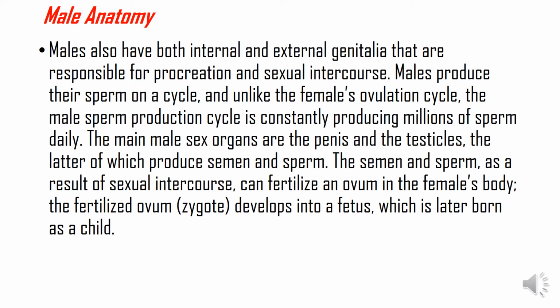The main male sex organs are the penis and the testicles, the latter of which produce semen and sperm. The semen and sperm, as a result of sexual intercourse, can fertilize an ovum in the female's body. The fertilized ovum is what we call the zygote. A zygote develops into a fetus, which is later born as a child. And you know the process.